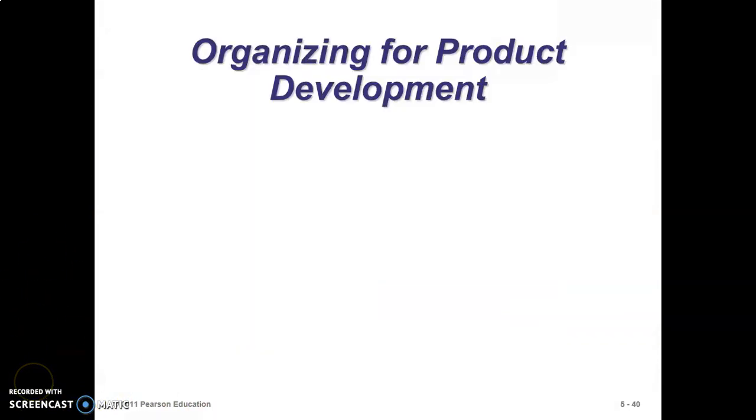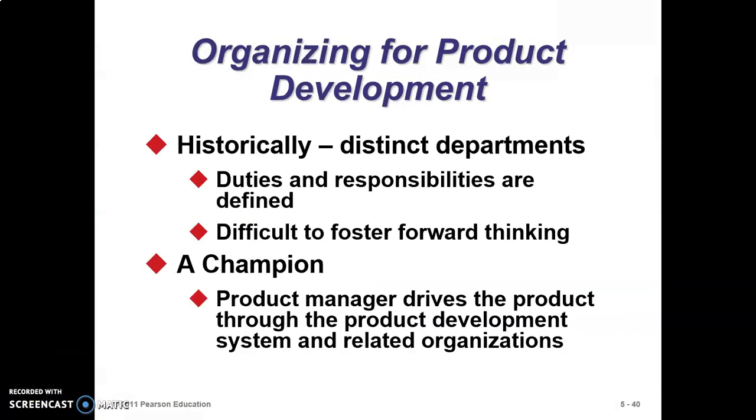Okay, and alright, next we move to organizing for product development. First, historical. In product development, historically it involves distinct departments, different departments, and duties and responsibilities are defined and difficult to foster forward thinking.